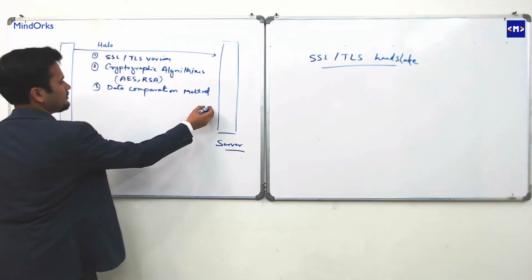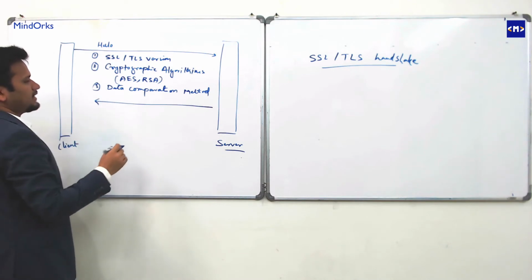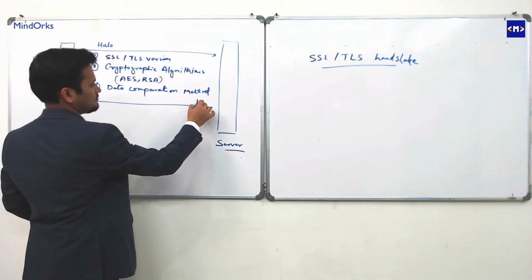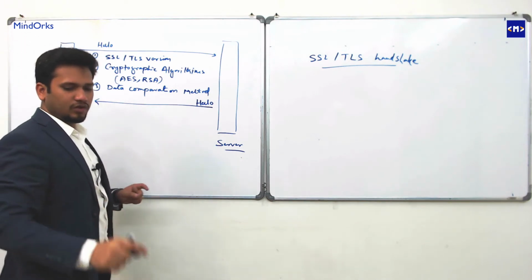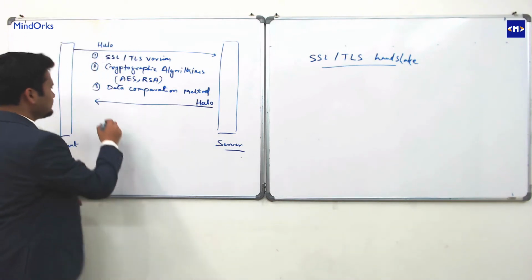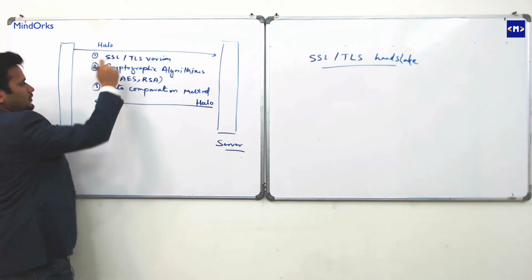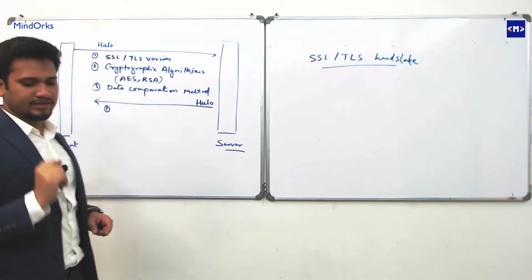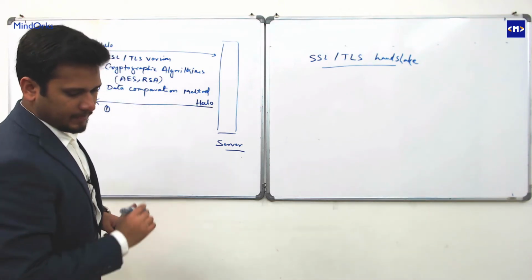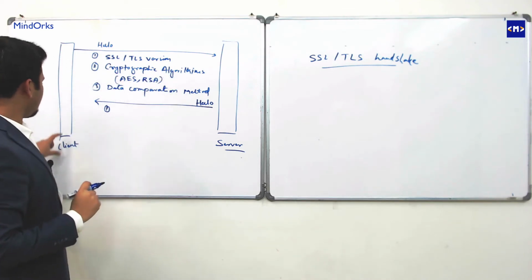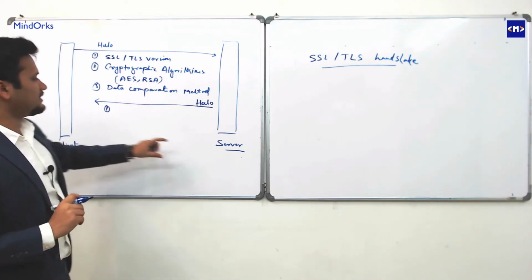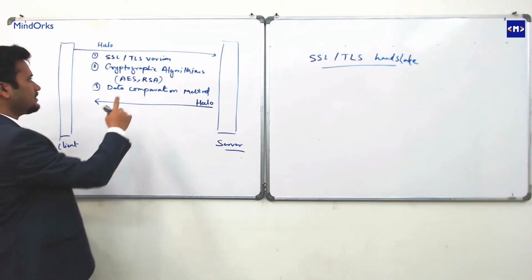Now the server replies back and it says hello. In this connection, what the server says is that yes, it agrees upon one SSL version and a cryptographic algorithm from the list that the client has provided. Server says yes, let's use one of the algorithms.